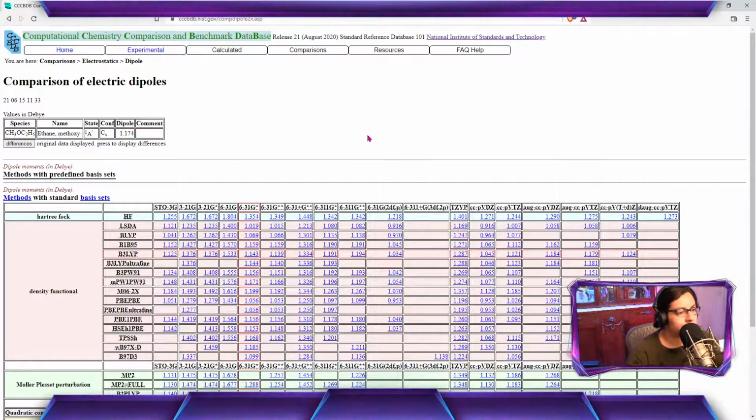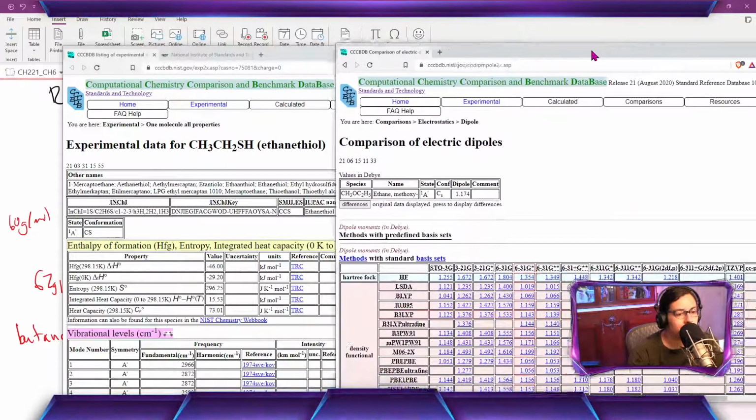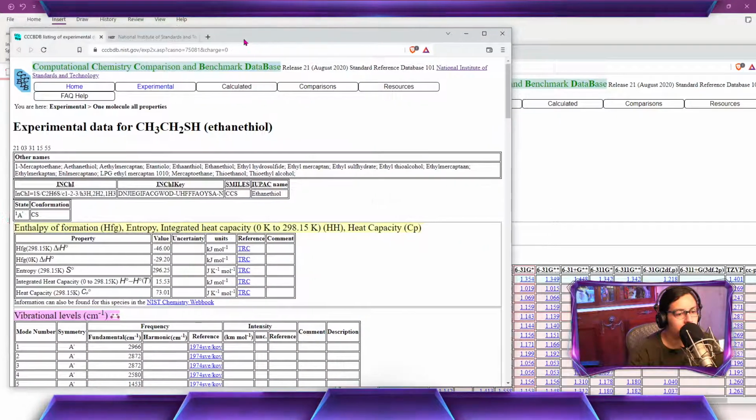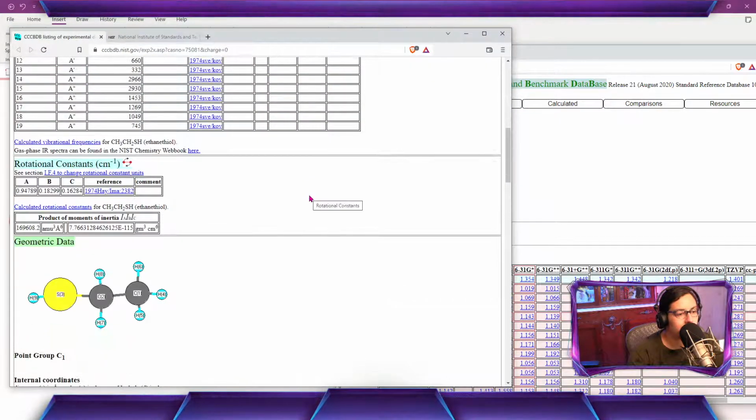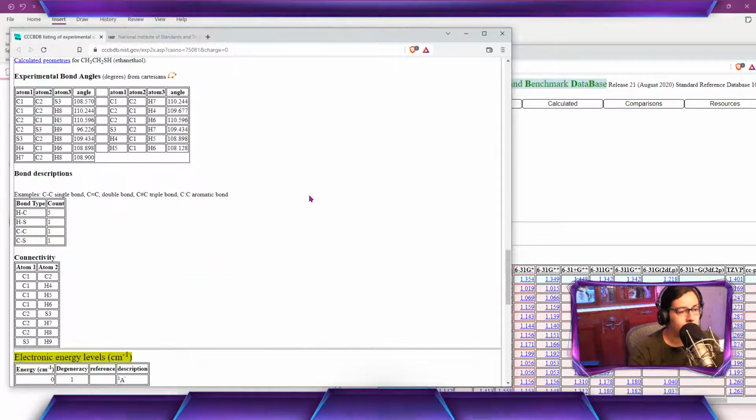Okay. So here, this may not even be that much more helpful. Now I lost the dipole moment for this one.